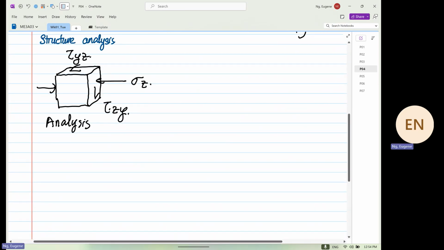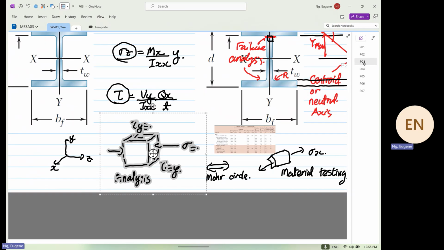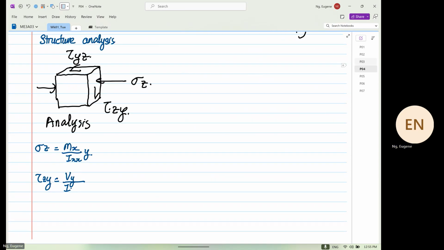So from here, we know that stress Z is equal to, I can't remember now, Mx over Ixx multiplied by y, and you have a shear Zy is equal to Vy over Ixx, Qx over t. That's how we compute that.